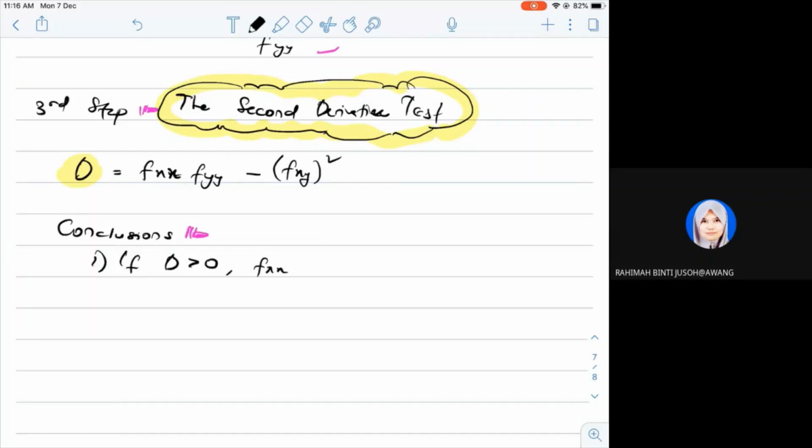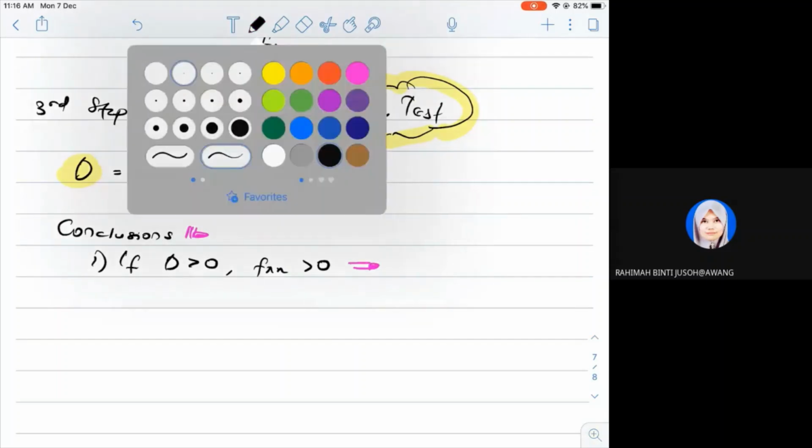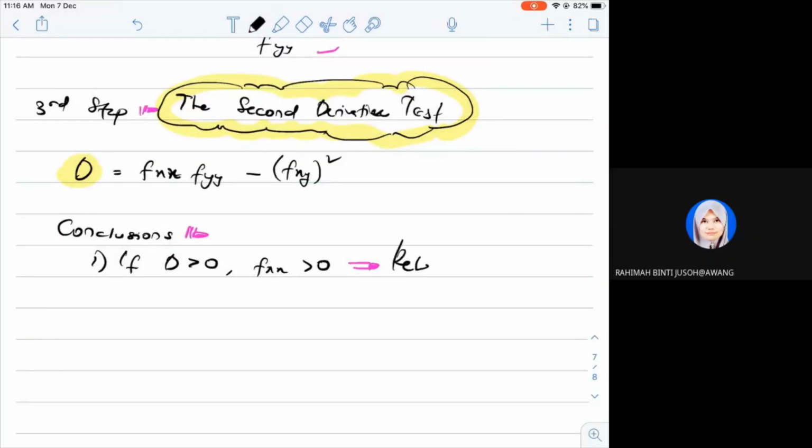So when you get D positive, you have to refer back to your fxx. If your fxx is also positive, then the conclusion is relative minimum.